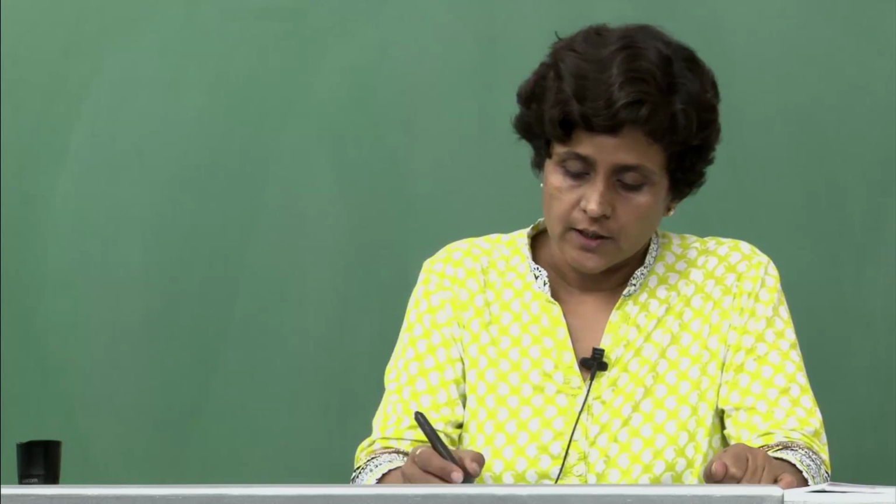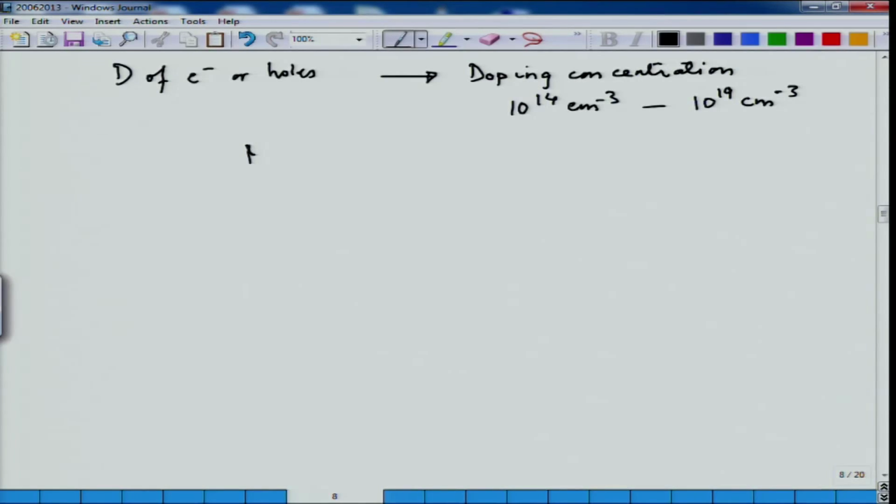Here we are going to use the Einstein relationship, which basically says that mu n, if I am talking about electrons, divided by D n for a non-degenerate semiconductor is a constant. Basically, it says that whatever relationship we found for the mobility of carriers and doping concentration, the same behavior will be seen for the diffusion constant.